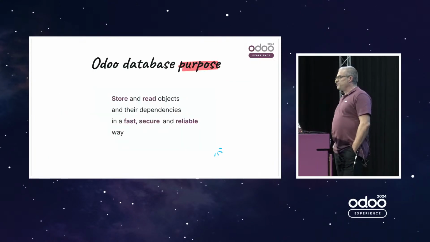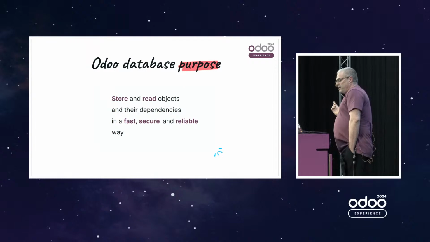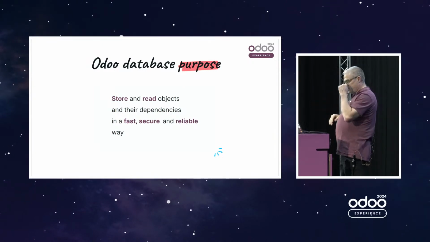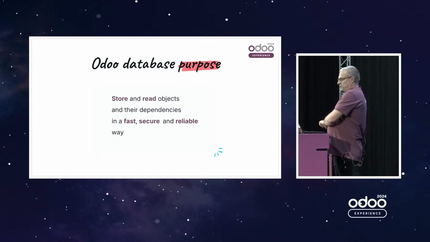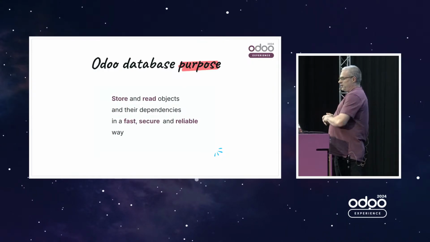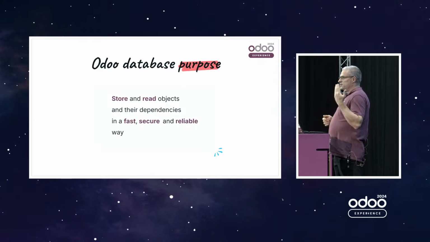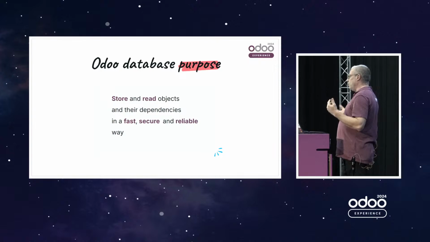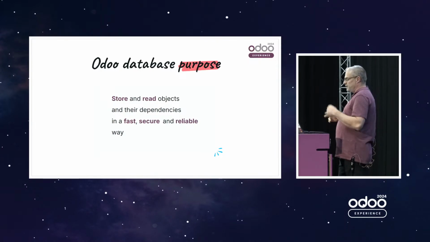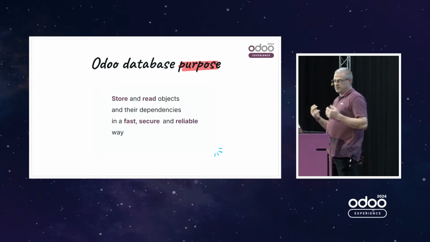What is the database purpose in the Odoo world? The database purpose with Odoo is to store and read objects and the dependencies of those objects in a fast, secure, and reliable way. That means when you read a record, you should be able to read all the links from this record, let's say an order and the sales order lines.